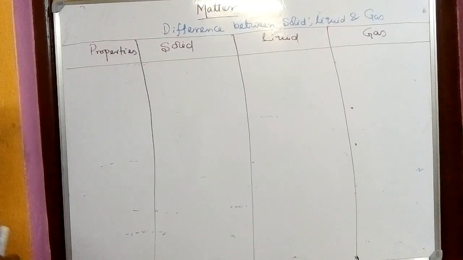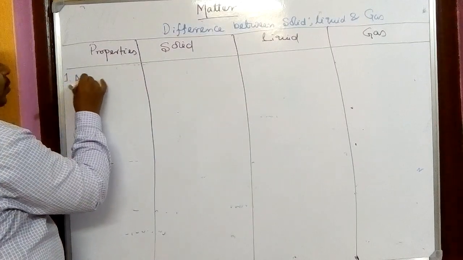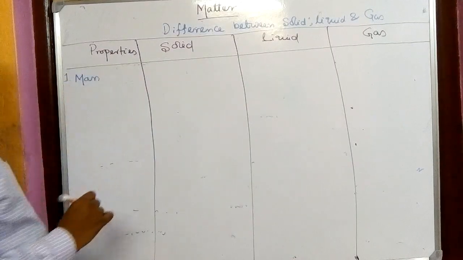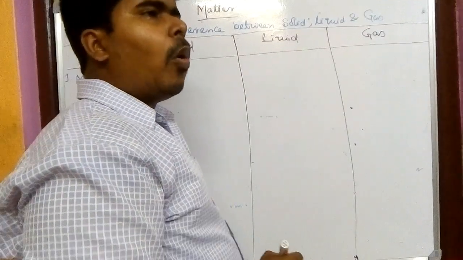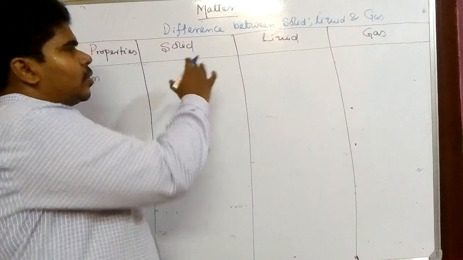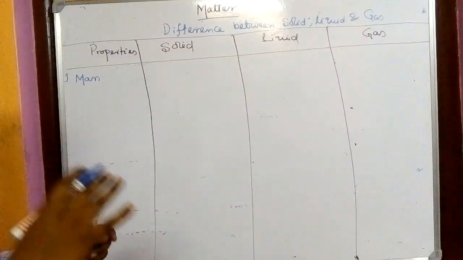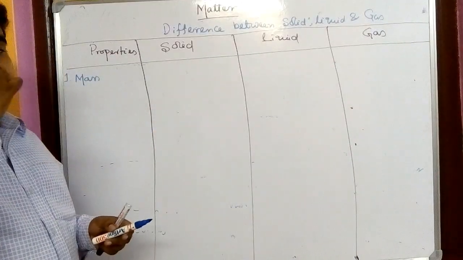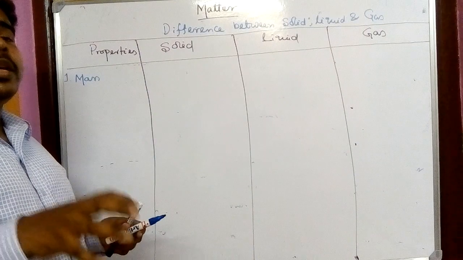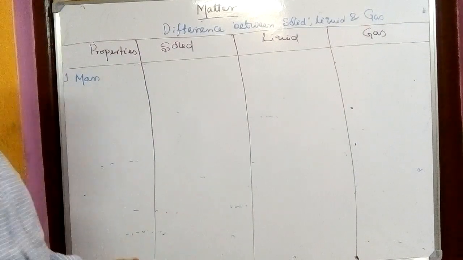Let's see. The first property given is mass. If I am talking about mass, all three substances, solid, liquid and gas, we have already told, are parts of matter. And whenever we defined matter, we said that matter should have a definite mass and will occupy a space.